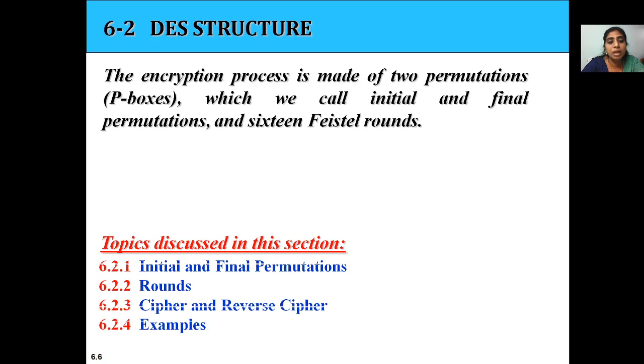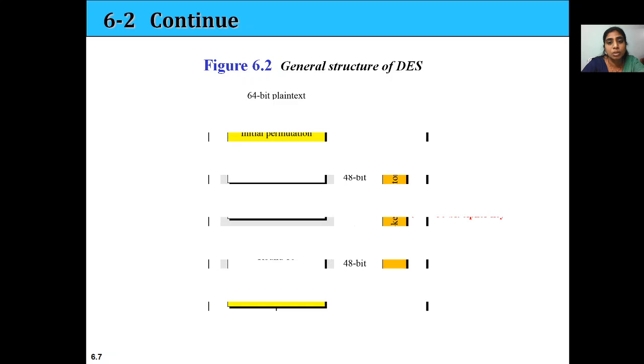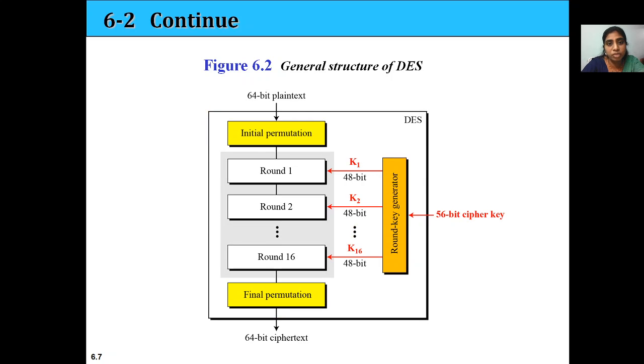Next we are going to discuss the internal rounds and the round functions in DES.